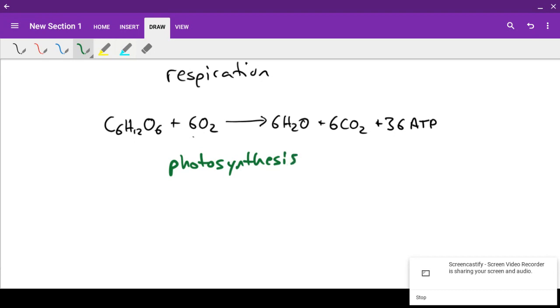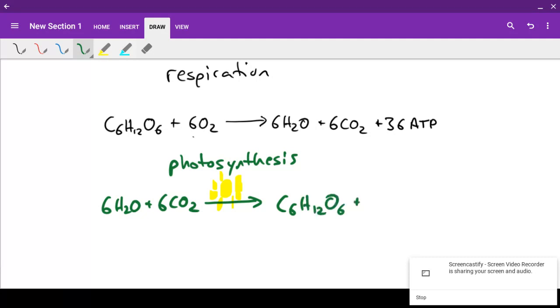And that's going to be the exact opposite of respiration. We're going to have our 6H2O plus 6CO2. And that's going to be converted into, in the presence of sunlight, your glucose plus oxygen gas.